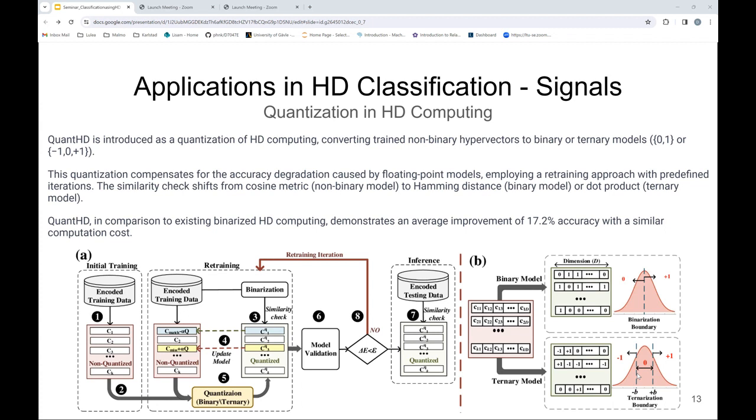The similarity check shifts from cosine metric non-binary model to Hamming distance or dot product. In comparison with existing binarized HD computing, QuantHD demonstrates an average improvement of 17.2% accuracy with a similar computational cost.